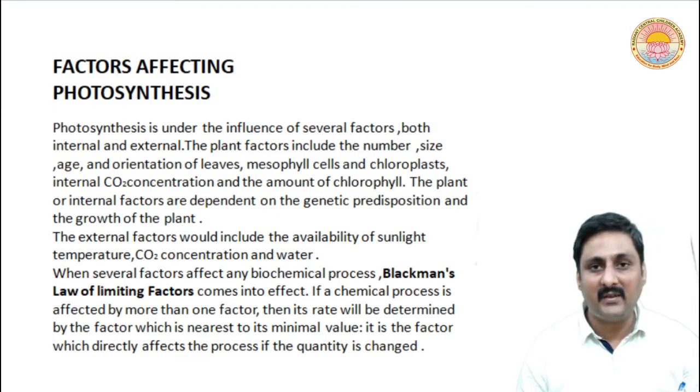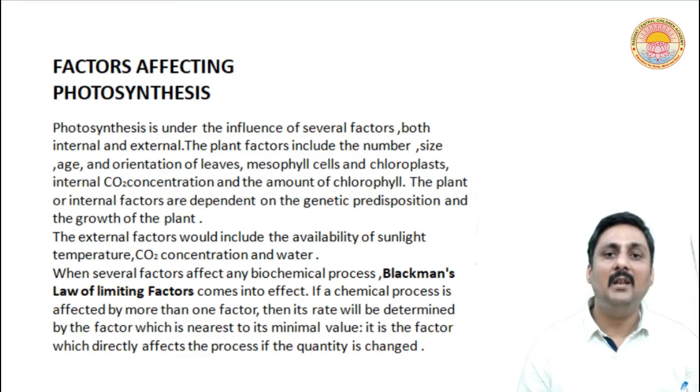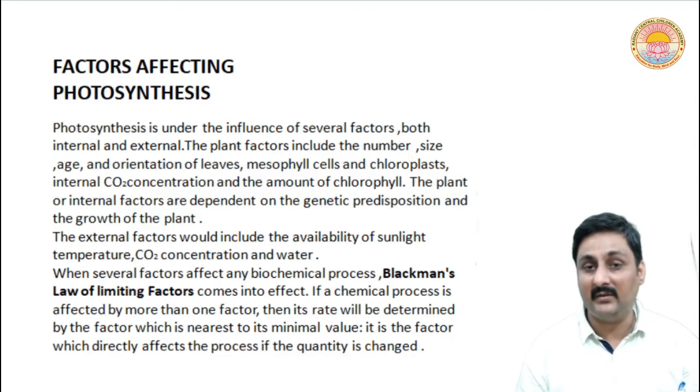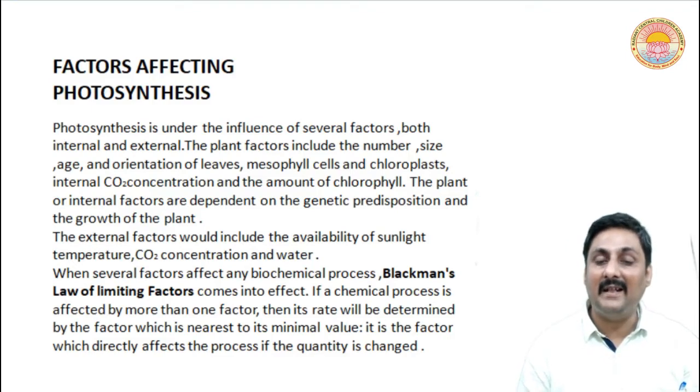External factors such as light intensity, carbon dioxide concentration, availability of water, temperature also affect the rate of photosynthesis. In this lecture, we will be studying factors such as light intensity, the amount of carbon dioxide, water availability and temperature, which affect the rate of photosynthesis.